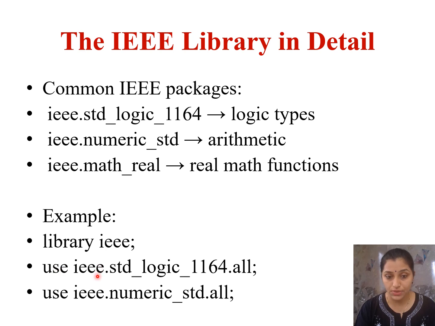Use IEEE dot your package name std_logic_1164 dot all, and this package may have different objects, different data types, different functions. So what to include out of those things? Dot all means it will include everything. Use IEEE library's name dot package name dot all. So this is about IEEE library.